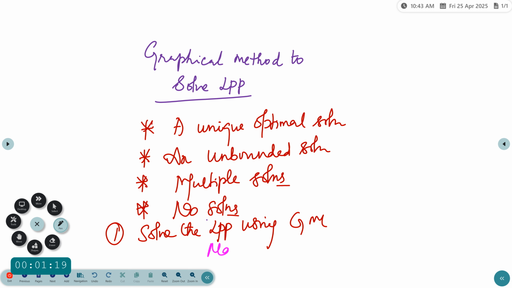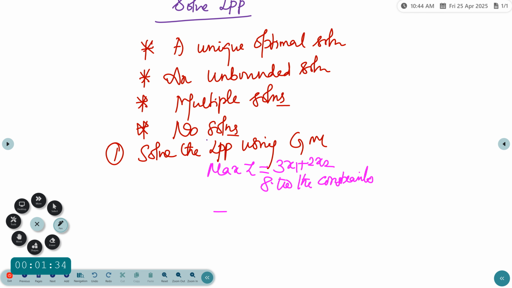So our objective function is maximize z equal to 3x1 plus 2x2 subject to the constraints minus 2x1 plus x2 less than or equal to 1, x1 less than or equal to 2, x1 plus x2 less than or equal to 3, and x1, x2 greater than or equal to 0.